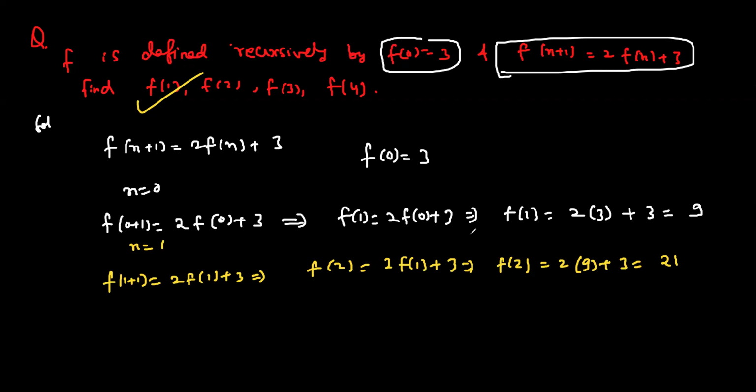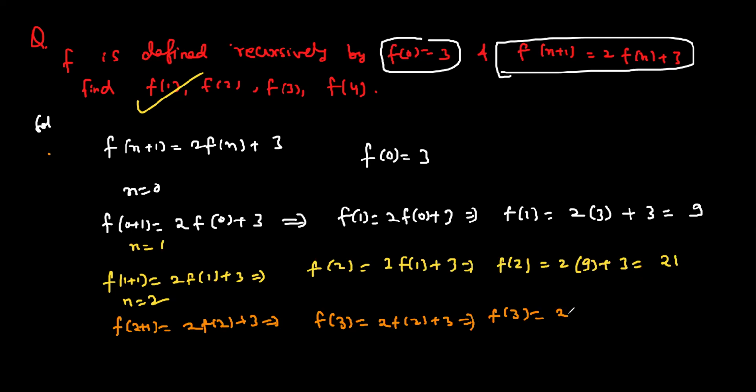So when you find f of 3, it depends on f of 2, right? So put n is equal to 2. 2 f of 2 is 42 plus 3, right? 45.